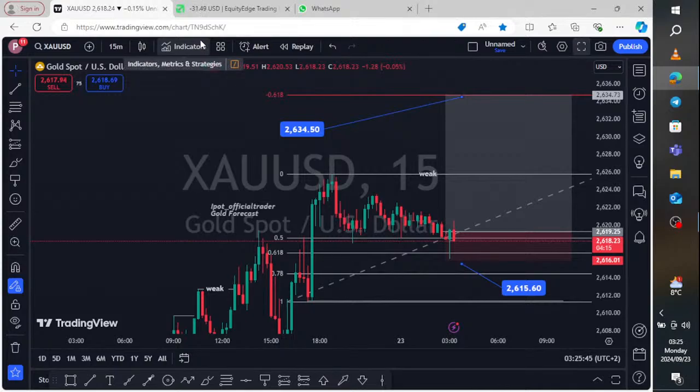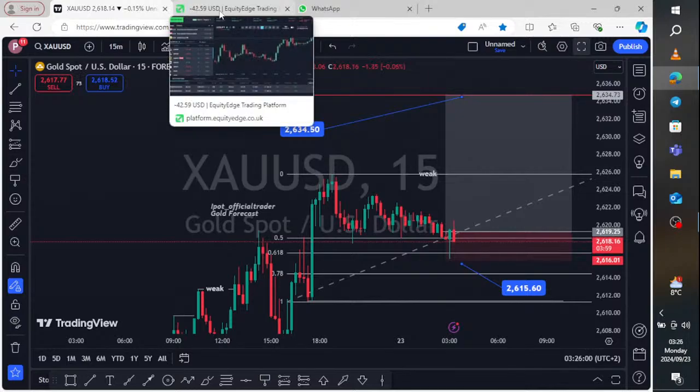You can see right there, right now it's running negative 30, 40, almost negative $55. $26.15, negative 100, negative 15.60.